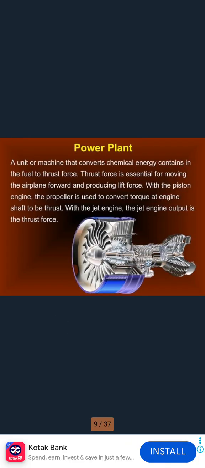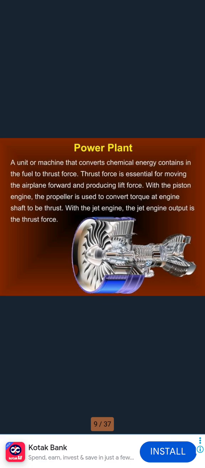Power plant means a unit of machinery that converts chemical energy contained in a fuel into thrust force. Thrust force is essential for moving the aeroplane forward and providing lift. With a piston engine, the propeller is used to convert engine torque into thrust.